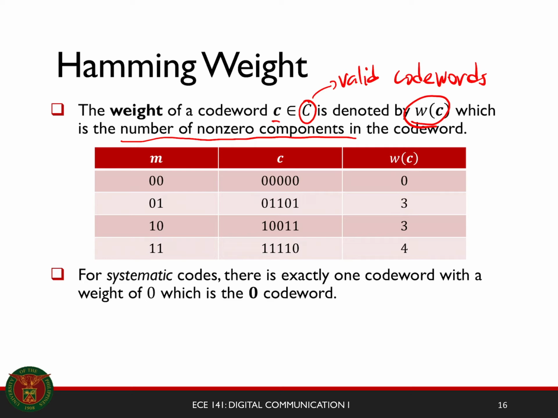So if we look at the 5-2 code we had earlier, then the weight of each element of your set of valid code words is 0, 3, 3, 4 respectively. And just a note, since for systematic codes there's always a 0 code word, the weight of that code word is 0, just the 0 code word, and nothing else follows.